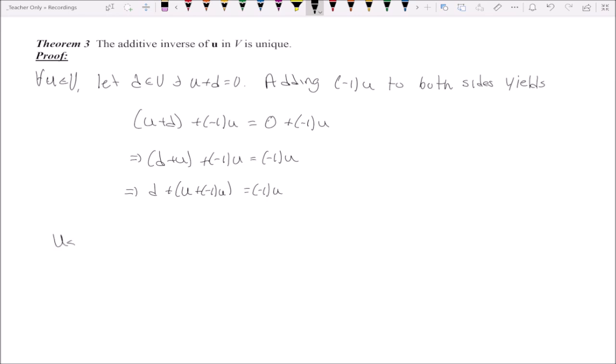Now, if we use axioms 10, 8, and Theorem 2 Statement 1, the left-hand side will yield d. So we get that d is equal to -1 times u.